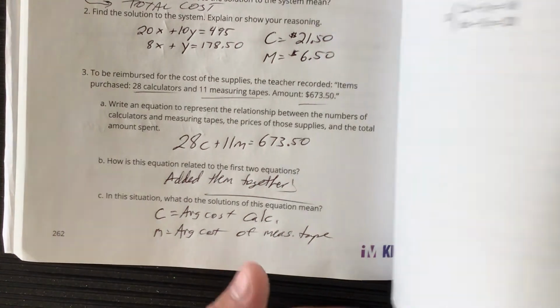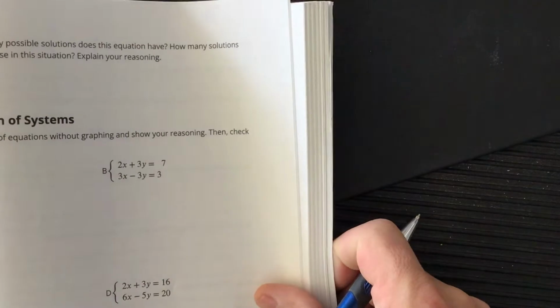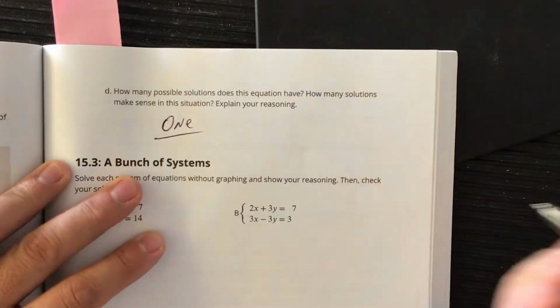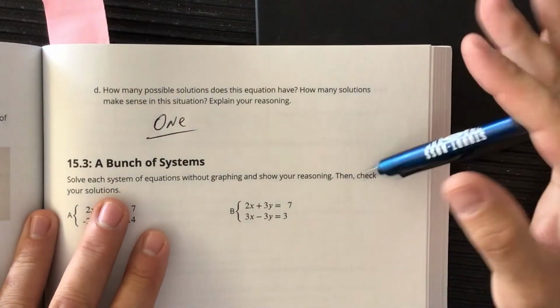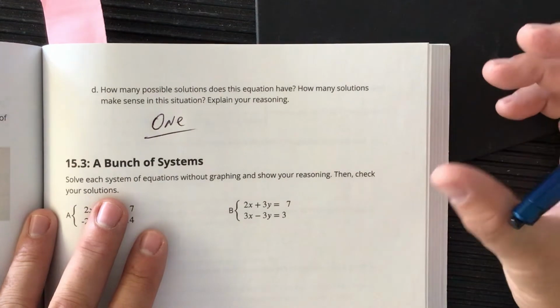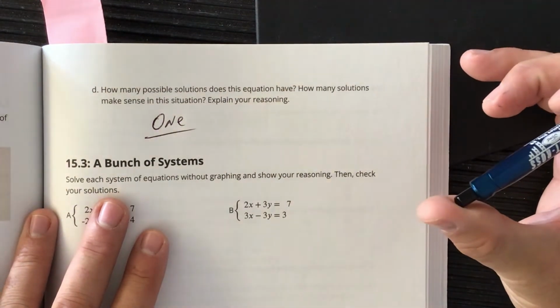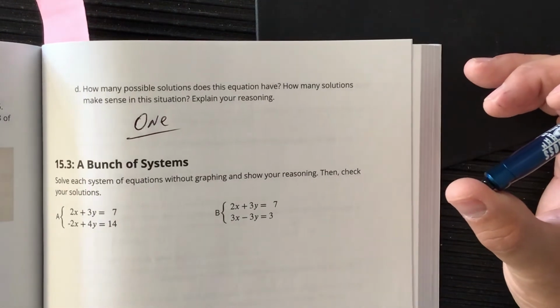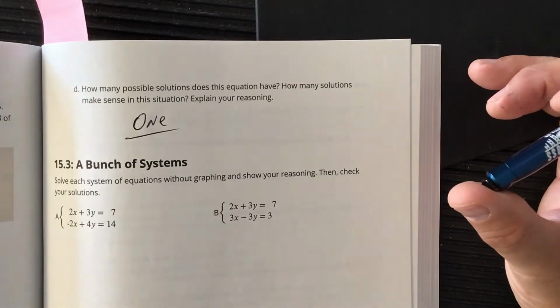How many solutions does it have? Why? Because if you put in any other numbers, it won't equal that. There's only one way it's going to equal $673.50.